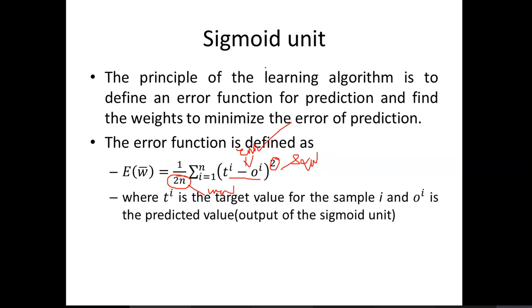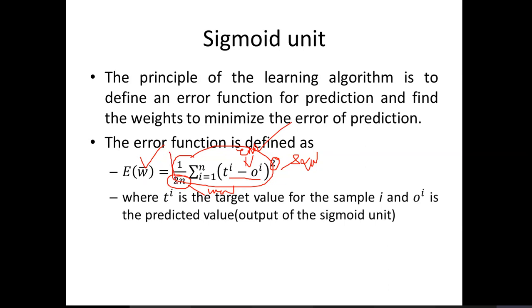So now suppose your model has weights in such a way that the error becomes 0. What does it mean by 0? You have calculated for the first sample the output label and the target label. They are one and the same, so this is 0. 0 square is 0. For the second sample, for the existing weights, you calculated the output and you got the output and the target the same, so 0.